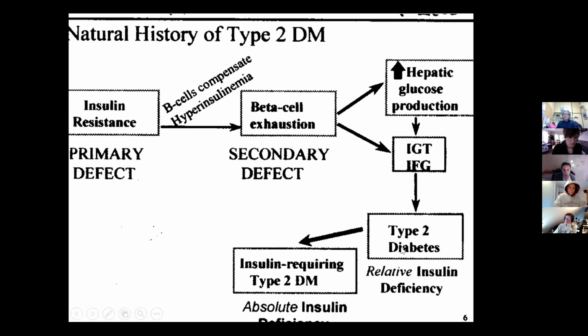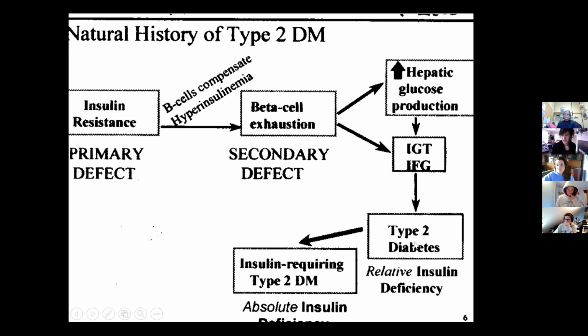And then the person develops type 2 diabetes because now they have relative insulin deficiency. Relative being, yes, they produce insulin, but not enough to meet demands that are present, and also to overcome the resistance to what insulin's there.